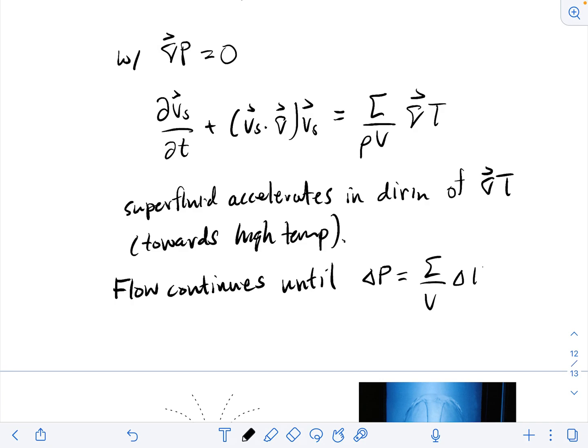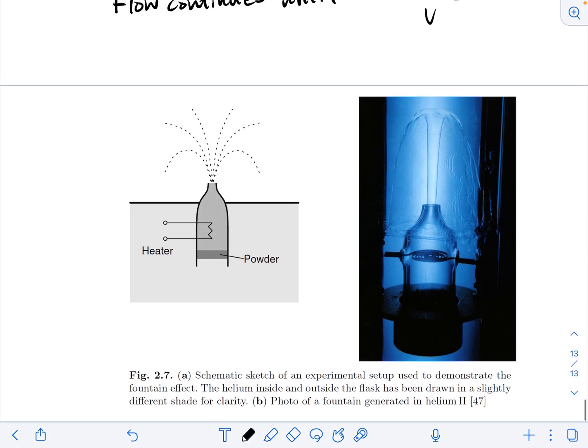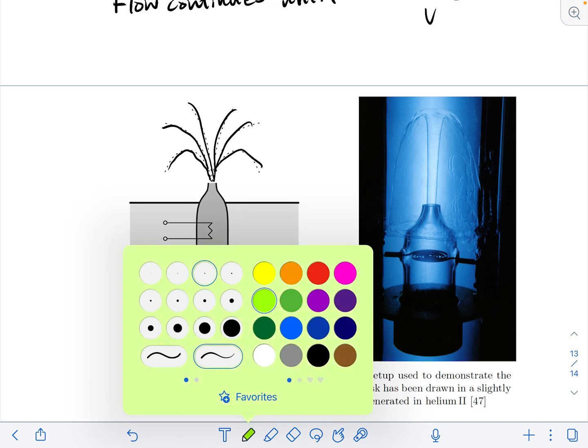Now, if you have an open beaker where the height difference that gets established can't reach the delta H required to get equilibrium, then what you'll have is superfluid helium flying out of this spout, and so this is the fountain effect. And just to try to be clear here, down in here is where you're going to have your packed powder.